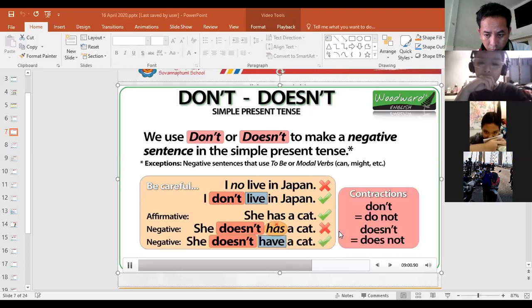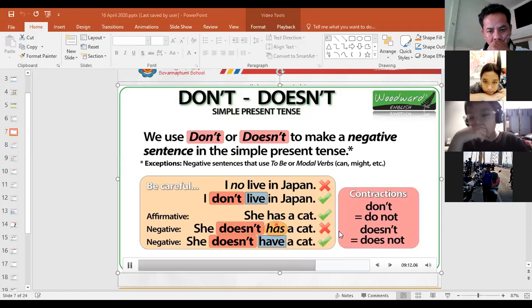Contractions. Don't is a contraction, or a short way of saying do not. Doesn't is a contraction, or a short way of saying does not. Let's see some examples. I don't speak Japanese.